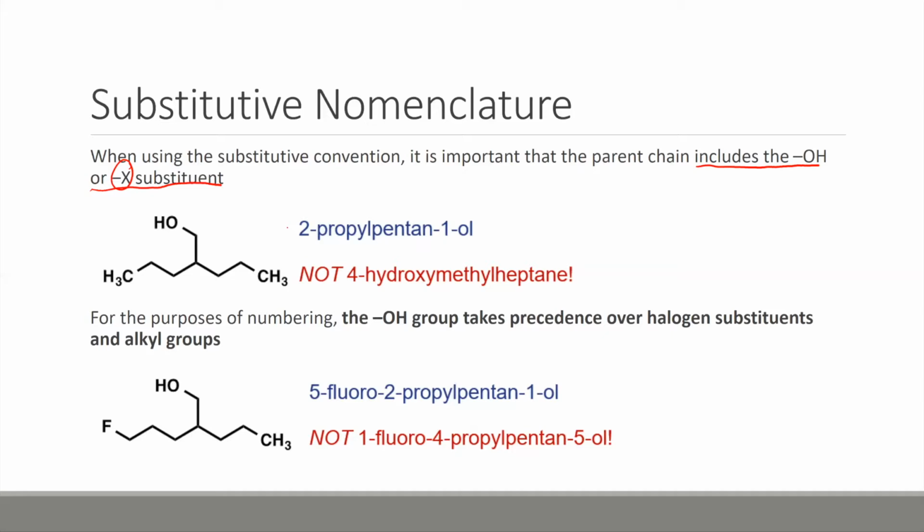So if you look at the example below, if I wanted to determine the longest chain as normal, I would start counting in different manners. If I use this chain, it would be 1, 2, 3, 4, 5, 6, 7 long. But if I numbered going the other way, it would be 1, 2, 3, 4, 5 carbons long.